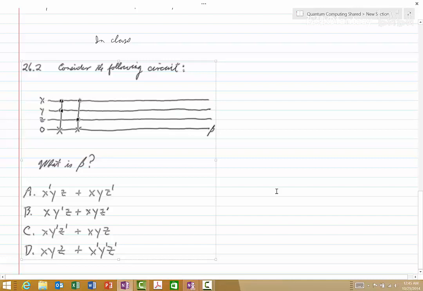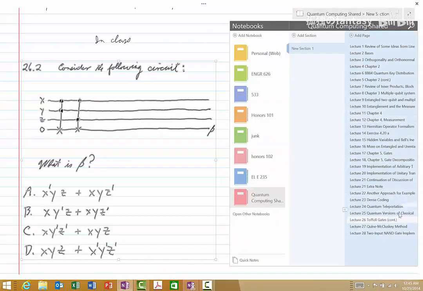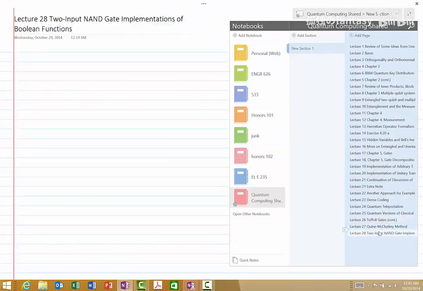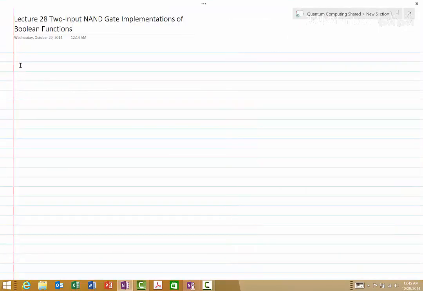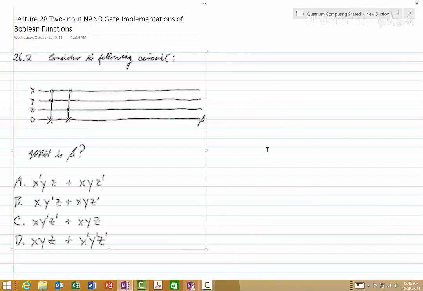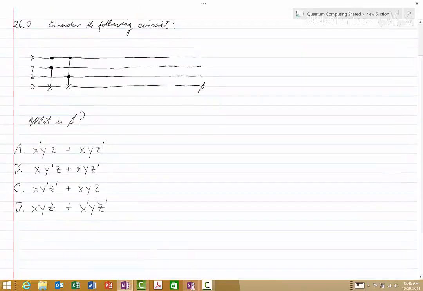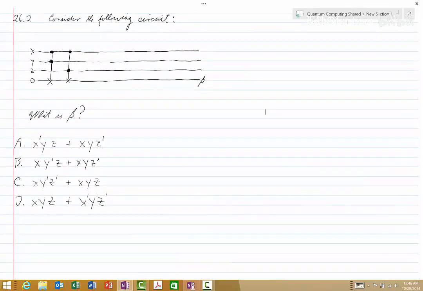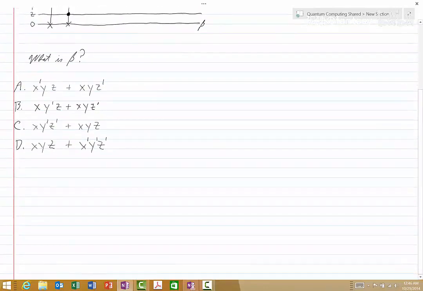So let's see how this goes. Okay, so here's the problem again. I've transferred it to today's lecture, lecture 28. And the way that I'm going to approach this is the following.